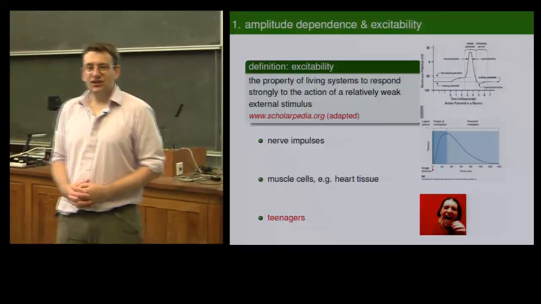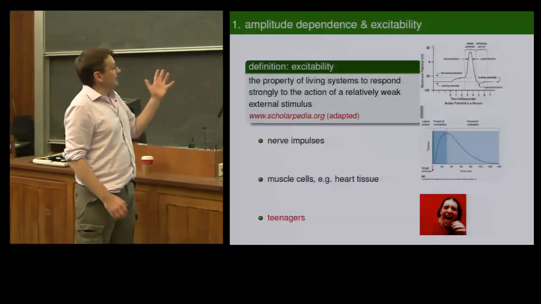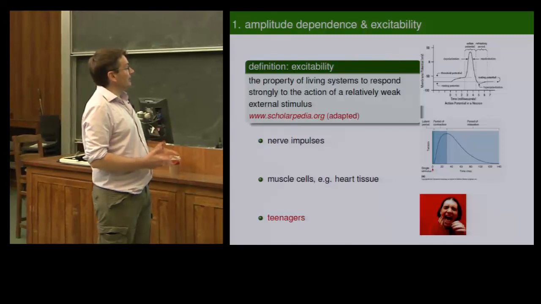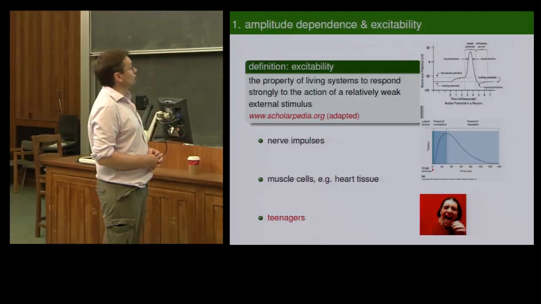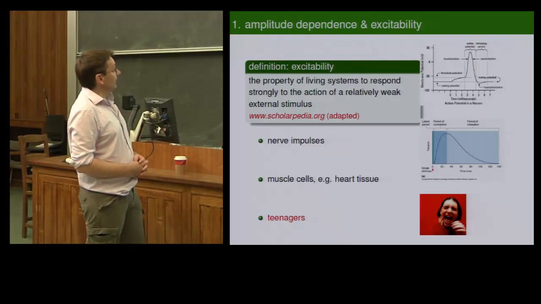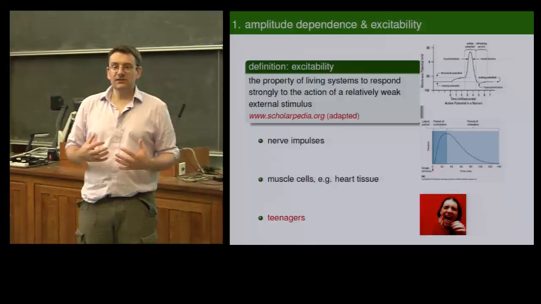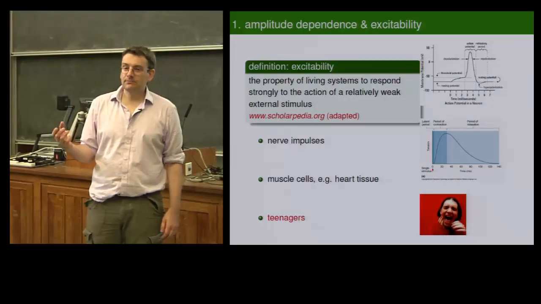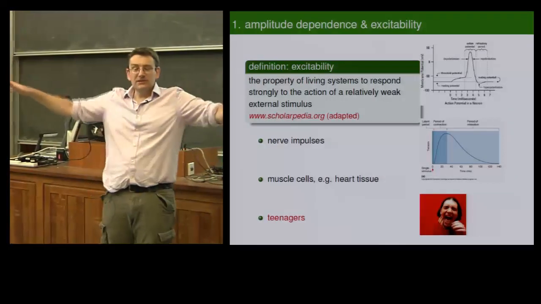So here's my first thing. My first thing is excitability. It's the property of a living system, not necessarily living actually, it can occur in engineered systems too, to respond strongly to the action of a relatively weak stimulus. So the classic examples of this are nerve fibers, heart tissues, and muscles. You think of what a neuron does. A neuron basically integrates from its environment.